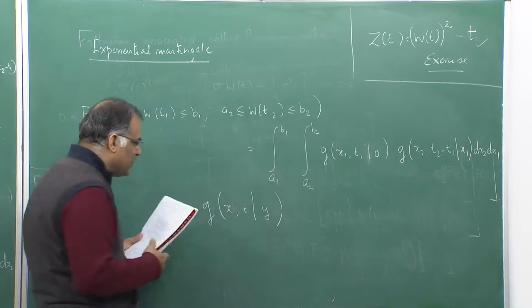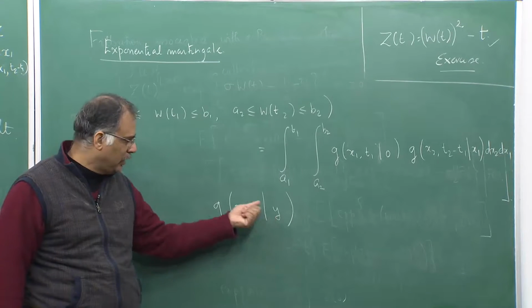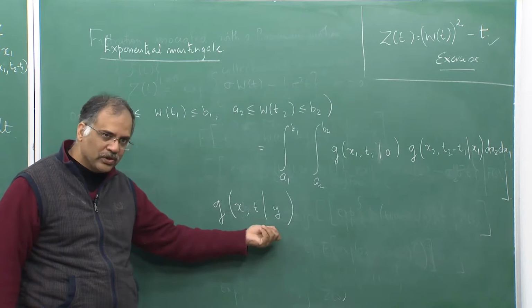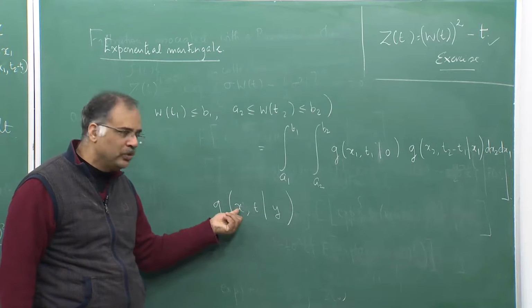What is the density function associated with the fact that my current state at time 0 is y, and in time t I will move to the state x?